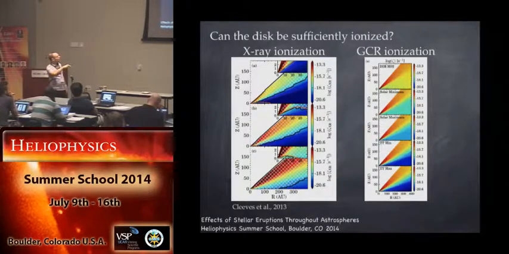And for a high field, which represents a typical T Tauri star environment, they expect that the ionization by cosmic rays will create a significant dead zone inside. And again, the question is, can we assume that the disk is fully ionized to take this MHD approach and do some work with that, given that almost half of the disk is not ionized enough?